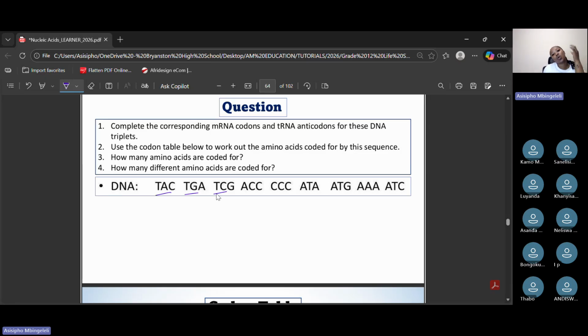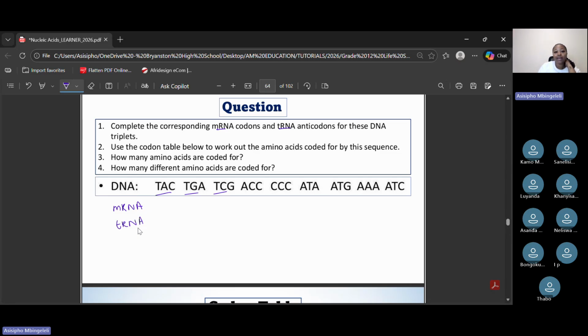Just like we also have codons, 3 bases, anticodons, 3 bases, DNA triplets, 3 bases. So number 1, you're going to complete a messenger RNA and a transfer RNA strand. You use this DNA to form a messenger RNA first, and then you form a transfer RNA.